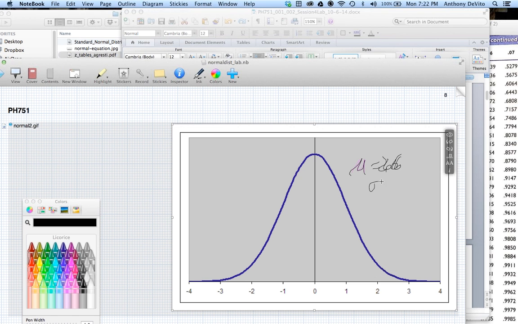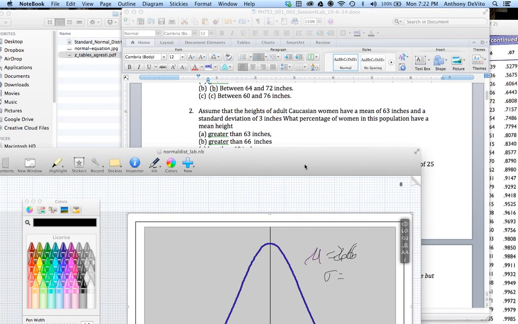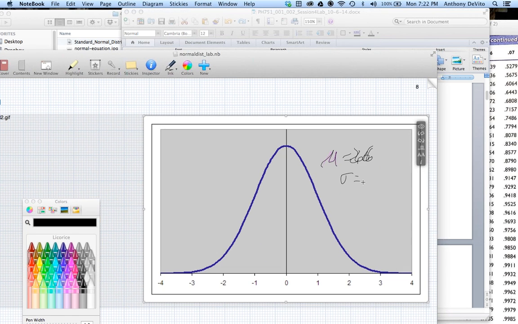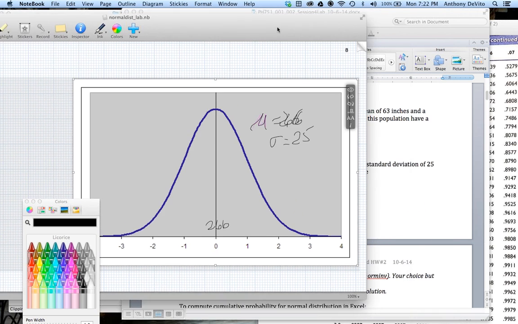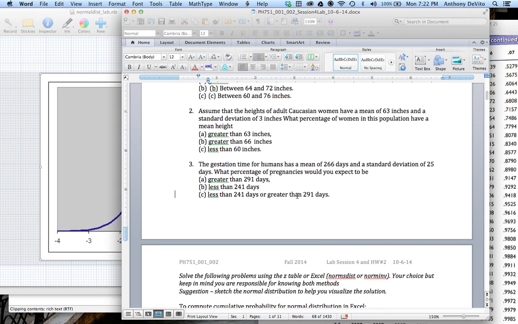And our standard deviation is, what did I say it was? 25. So our mean is 266, and our standard deviation is 25 above that, 1 standard deviation.